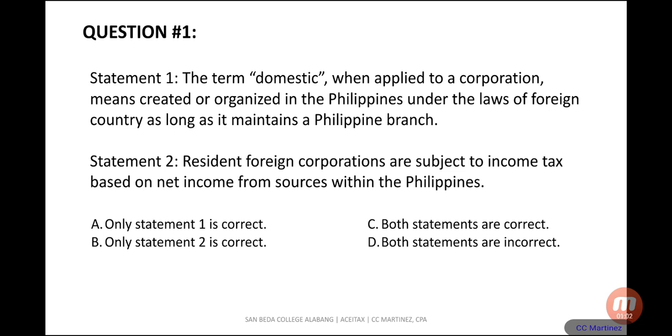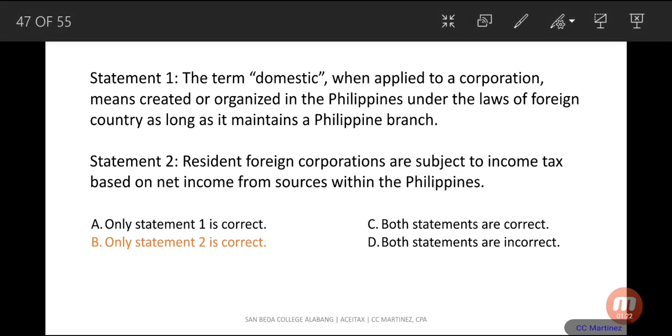So, answer. Correct answer is letter B. Only statement 2 is correct. So, ano ang mali sa statement number 1?